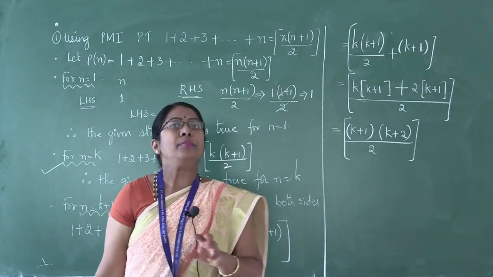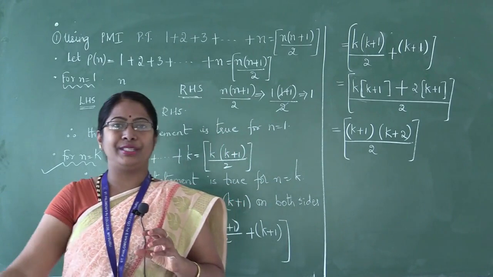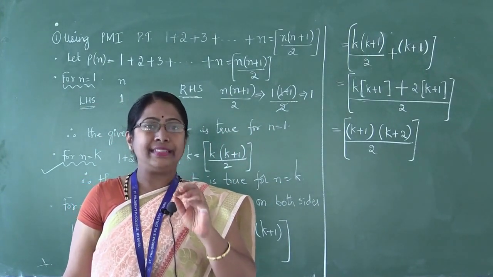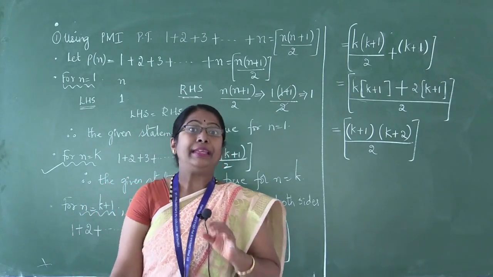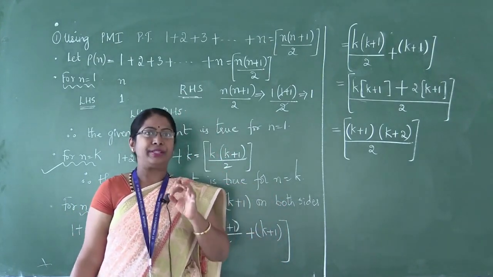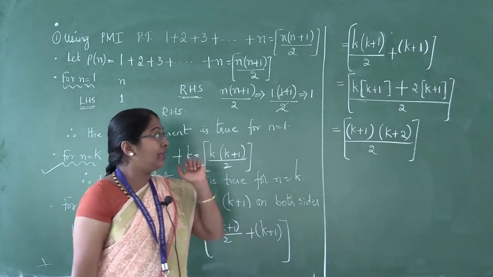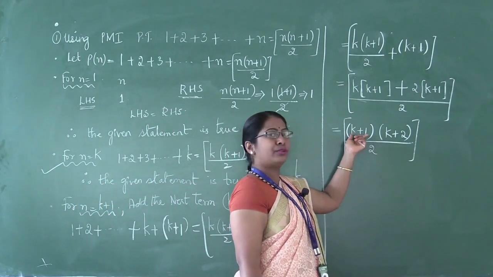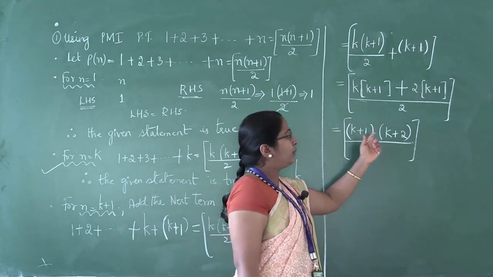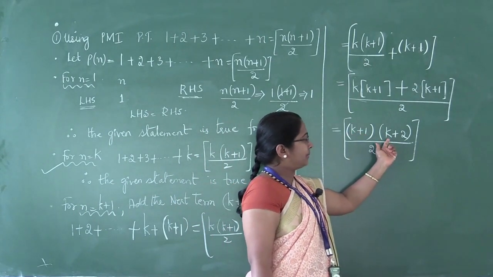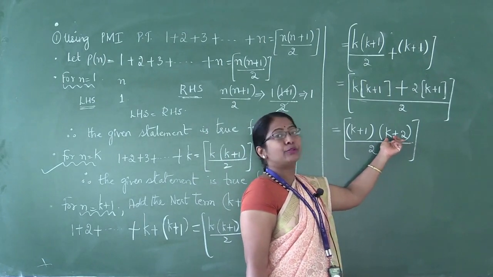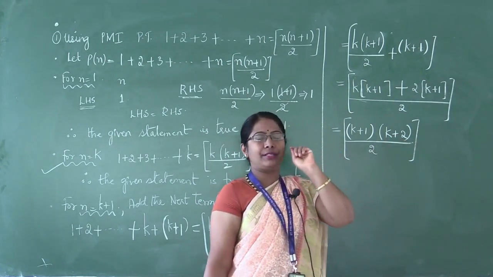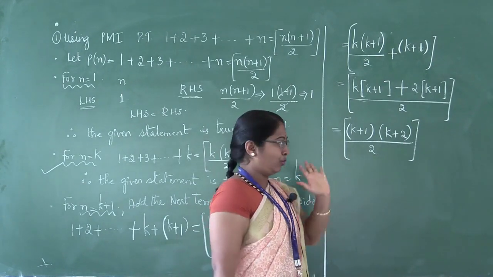Now, most importantly, what we are supposed to do is, each term of k has to be represented in terms of k plus 1. Each term of k must be represented in terms of k plus 1. When you observe k here, can I say k is represented in terms of k plus 1? Yes. But when I see here the term k is represented in terms of what? K plus 2. I need to represent every term of k in terms of k plus 1. So what do I do?